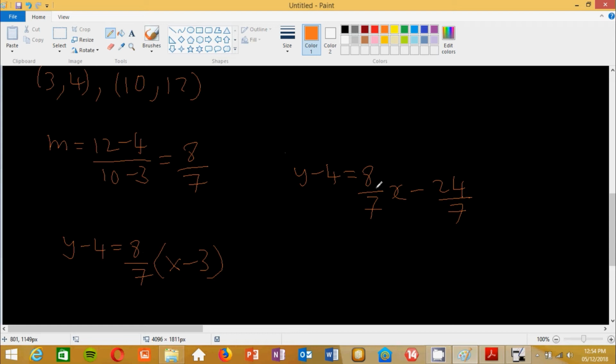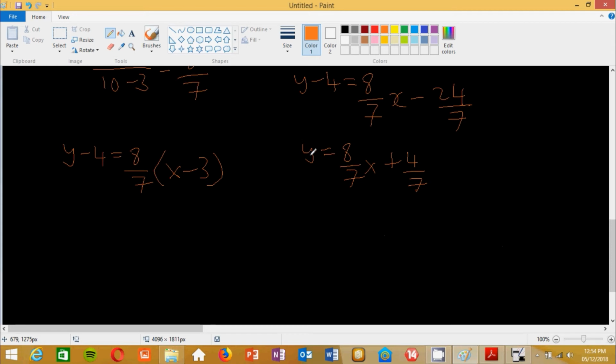And then simplifying this, taking the 4 to that side, that would be y is equal to 8 over 7x plus 4 over 7. And this would be your answer.